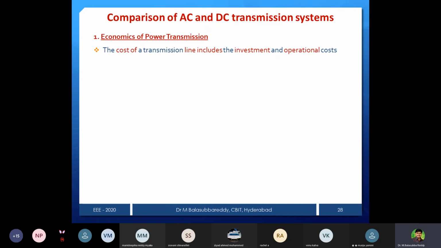So we find the generator generations and operate the plant accordingly, which gives the minimum cost of generation.